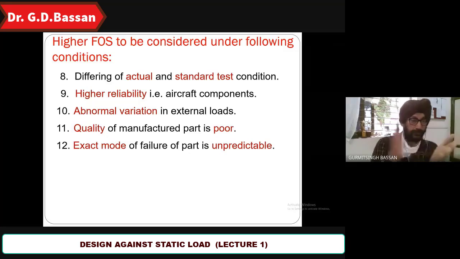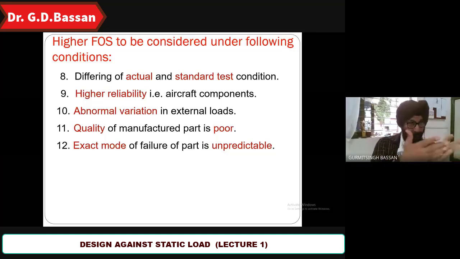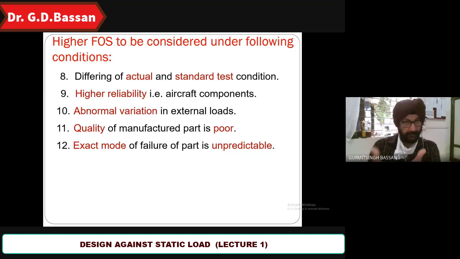Say ductile material, we know the exact mode of failure: it will go to the elastic period, then go to the plastic phase, and then it will break. So you have sufficient warning for failure of the part. But in a number of cases, the exact mode is not possible or unpredictable. In that condition, we have to take the higher factor of safety.